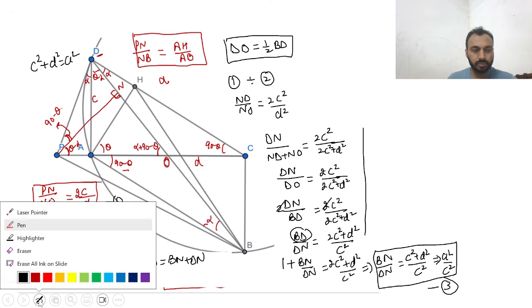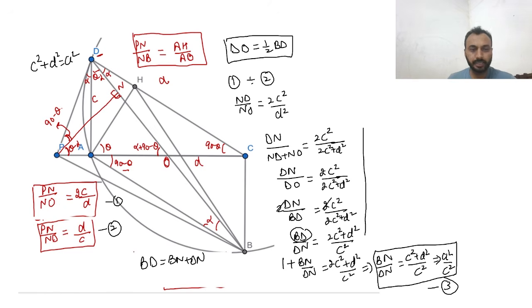So we have two ratios now, one is Bn by dn and another one is Pn by dn. If we divide them, 2 divided by 3, we get Pn by Bn is equal to d by c divided by a square by c square.